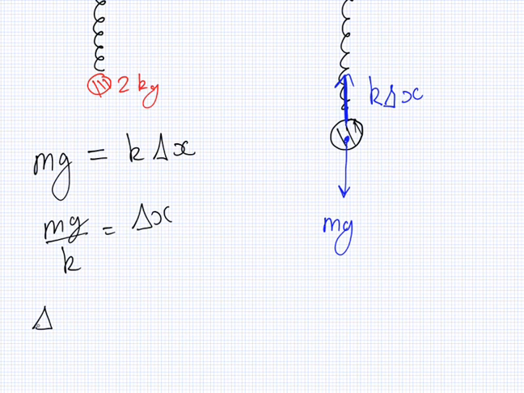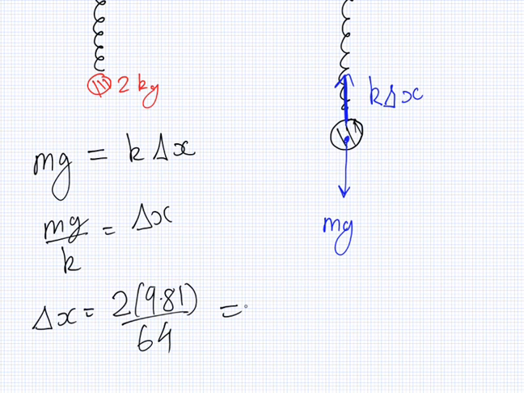So I get delta x equals 2 times 9.81 over 64. Can you tell me what that is, please? 0.307. Is that the answer?